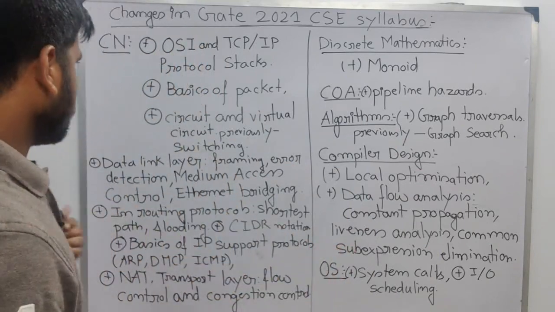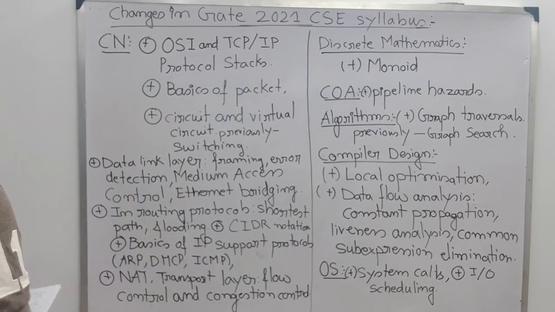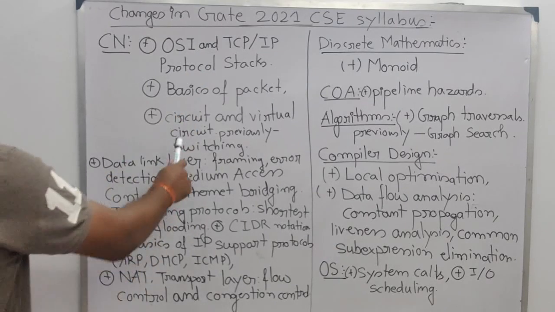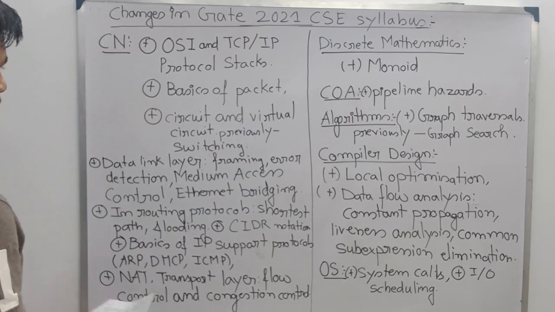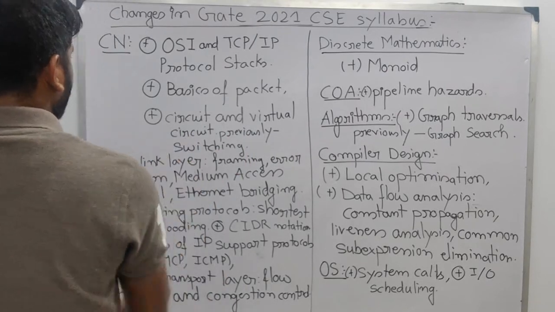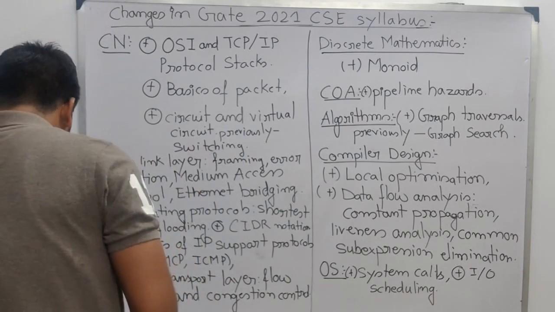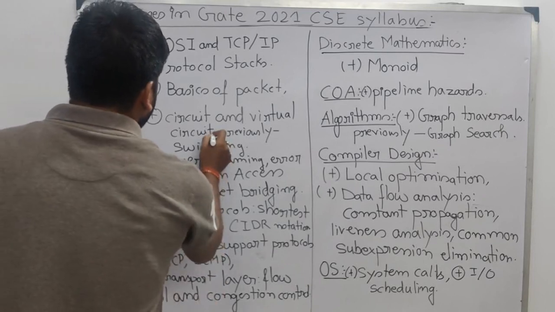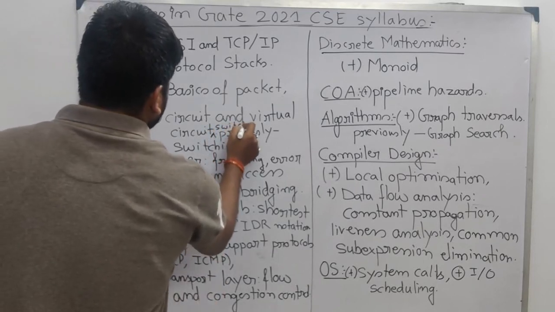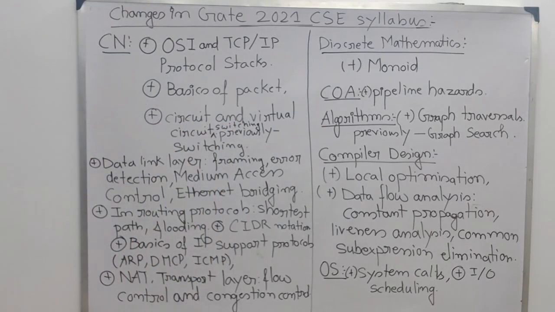Now OSI and TCP/IP protocol stacks were not written there previously, now they have written them. Basics of packet, they have added. Circuit and virtual circuit switching: previously it was just switching.